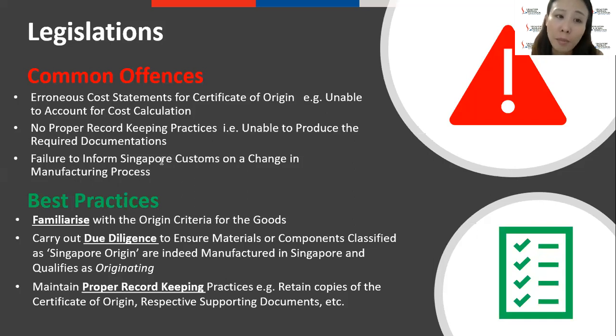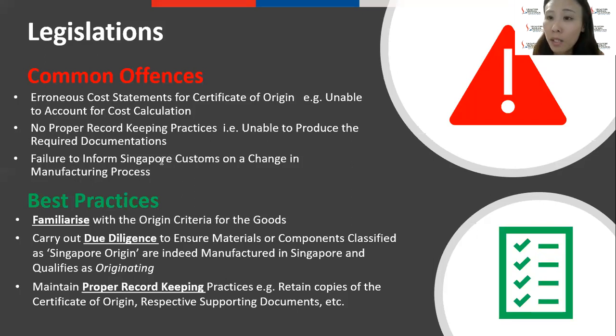Hence, what are the best practices then? Familiarize with the origin criteria for your goods. Carry out due diligence to ensure materials or components classified as Singapore origin are indeed manufactured in Singapore and qualify as originating. Maintain proper record keeping practice.